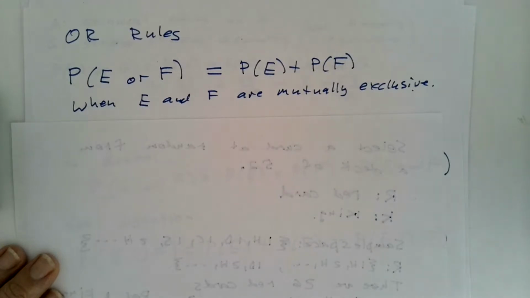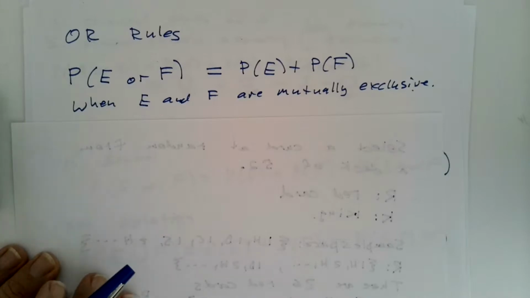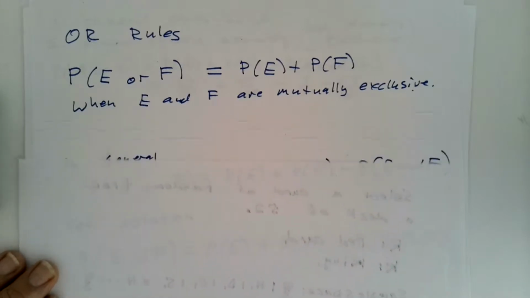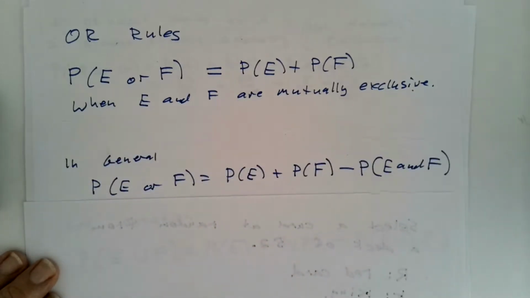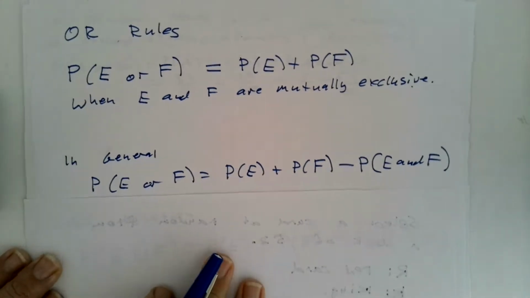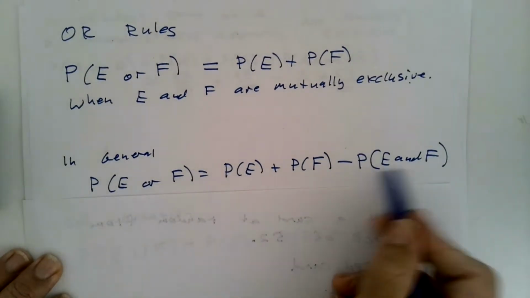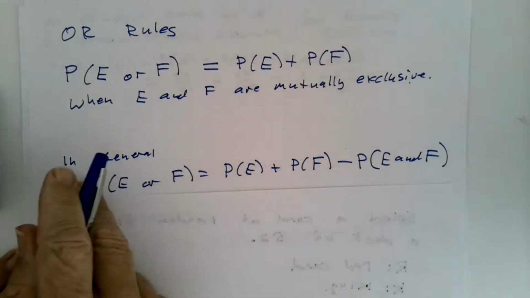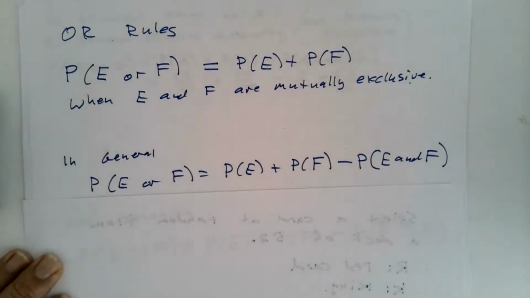When they don't overlap, when no element of the sample space is common to both E and F simultaneously. And then our other version is, in general, the probability of E or F equals the probability of E plus the probability of F minus the probability of E and F. But if they are mutually exclusive, the probability of E and F is just 0. So in reality, this general rule works for everything.